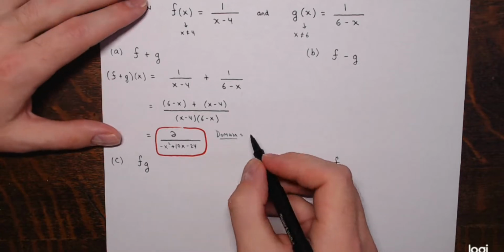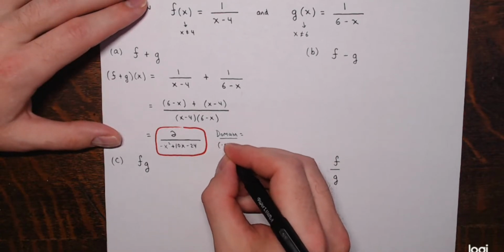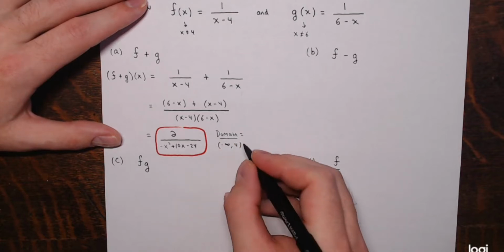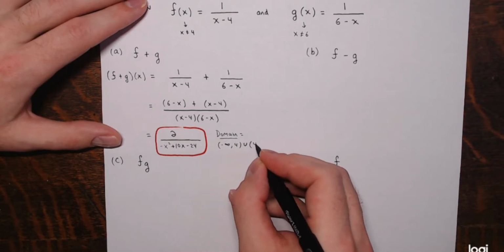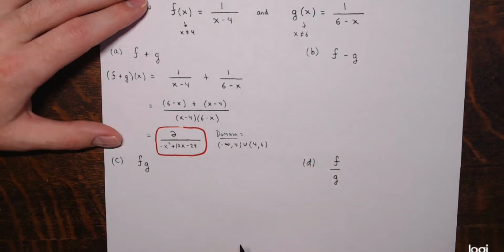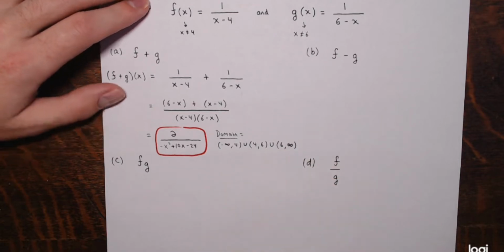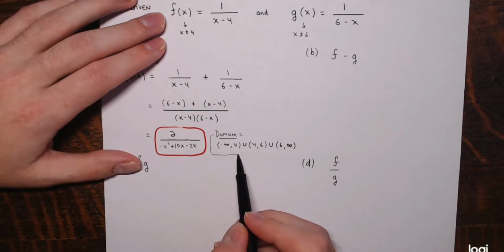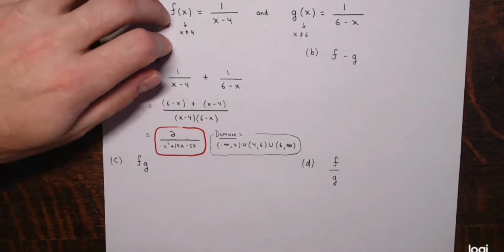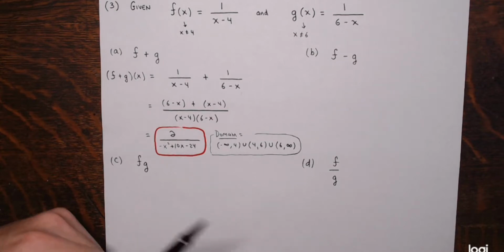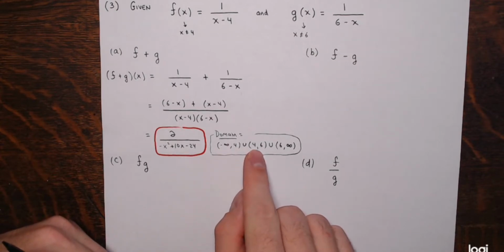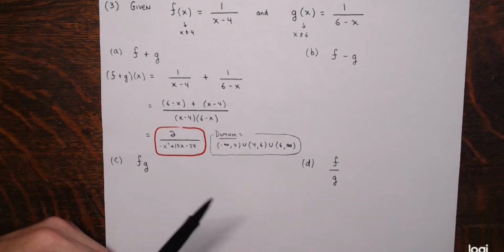So we can take everything from negative infinity up to 4, in union with everything from 4 to 6, with parentheses, not using 4 or 6, and then in union with everything greater than 6, from 6 to infinity. So there's your domain in interval notation: everything less than 4, between 4 and 6, greater than 6, but not 4 or 6 themselves. Okay, great.